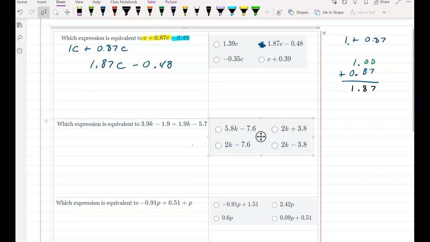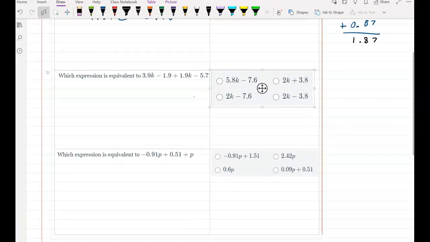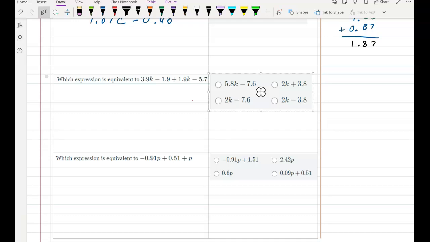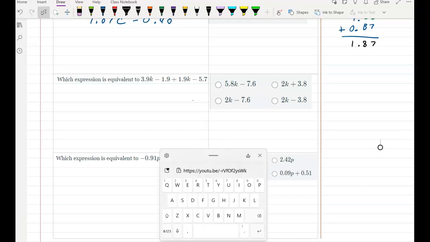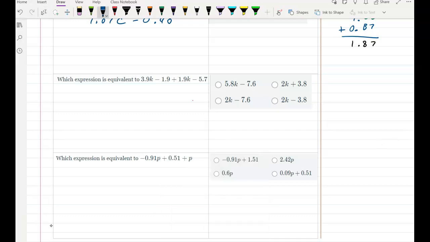Okay, let's go to the next one. Let's combine like terms and see what we can do with this one. We have 3.9k minus 1.9 plus 1.9k minus 5.7. So let's combine our like terms. Remember, like terms are the ones that have the same variable attached to the same power. So we have 3.9k, and I see a positive 1.9k.